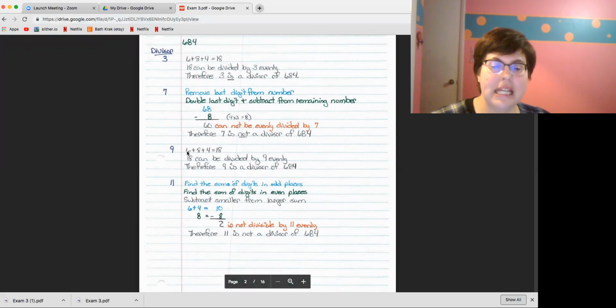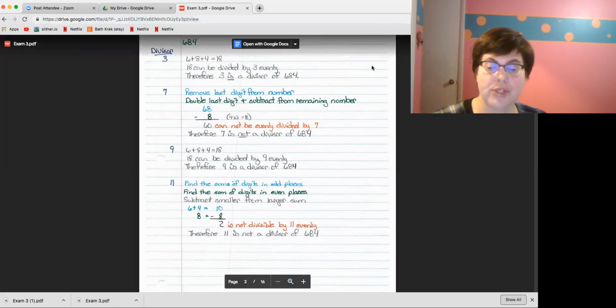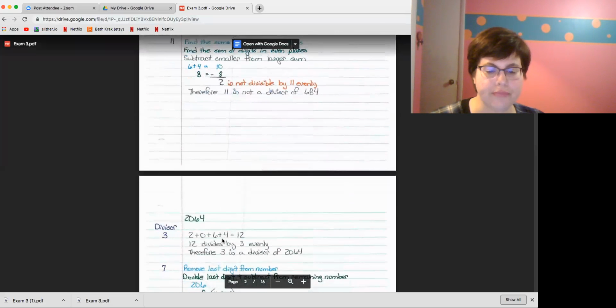So we have 6 plus 4, the third place and the first place, when we start at the right going left, is equal to 10. Then the only number that's in an even place is 8. So 10 minus 8, because we're subtracting the smaller from the larger, is equal to 2. 2 is not divisible by 11 evenly. Therefore, 11 is not a divisor of 684.